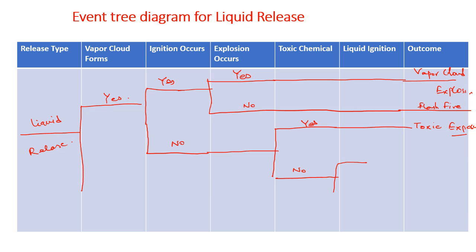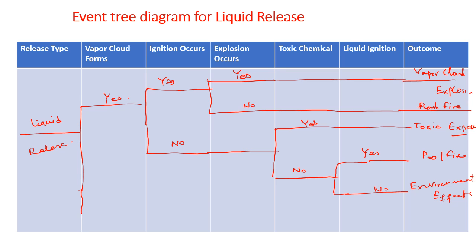and if it is not a toxic chemical, but if it gets stored and catches fire, then it will result in pool fire. And if still it is no, then it may result in environmental effects, right?